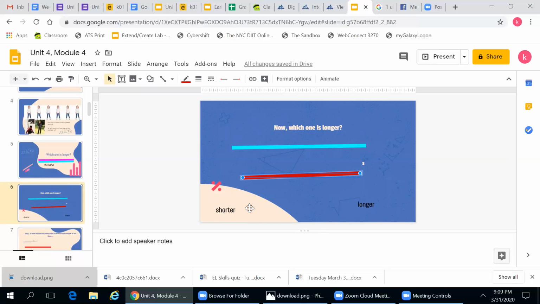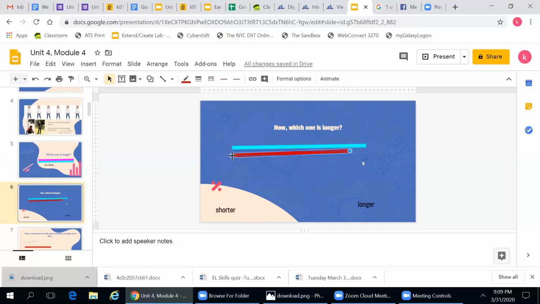So let's do the same thing we did with the ones before. I'm going to line them up. I'm going to put the red one, I'm going to start it where the blue one is, like this. And oh, wait a minute. Hold on a second. Aha. Let me just move this up a little bit more.